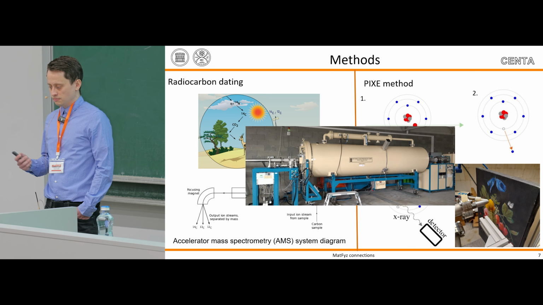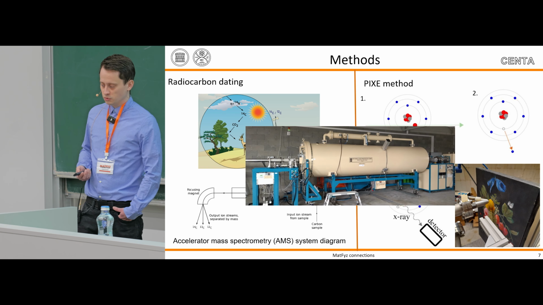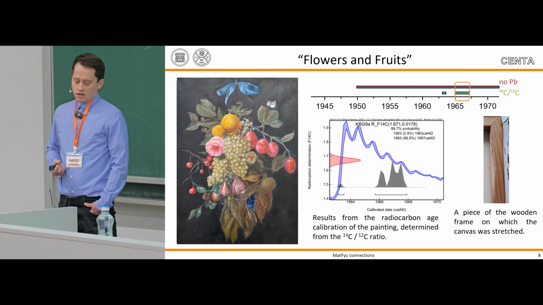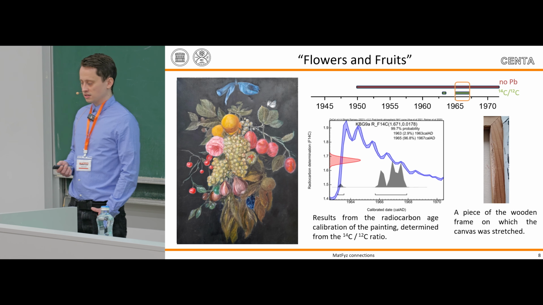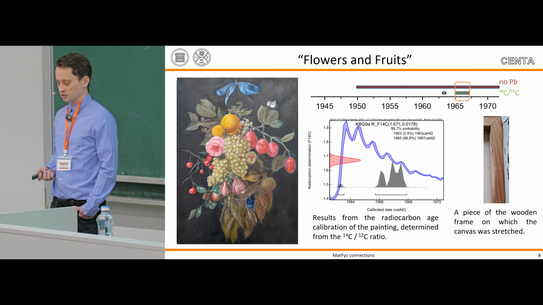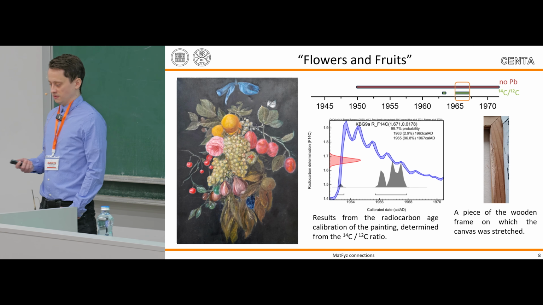The experiment was carried out in a center facility, which is equipped with a linear accelerator. A sample for radiocarbon analysis of the painting of flowers and fruits was taken from the wooden frame on which the canvas was stretched.